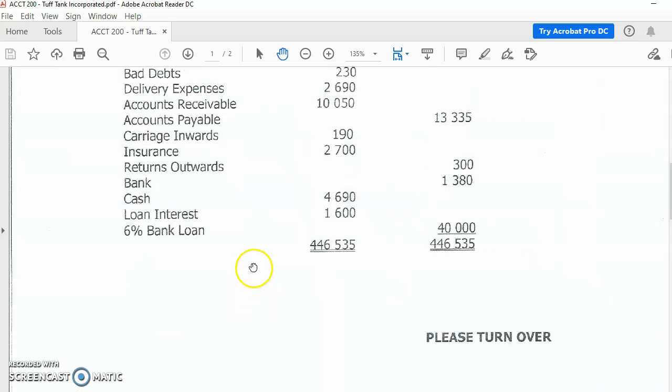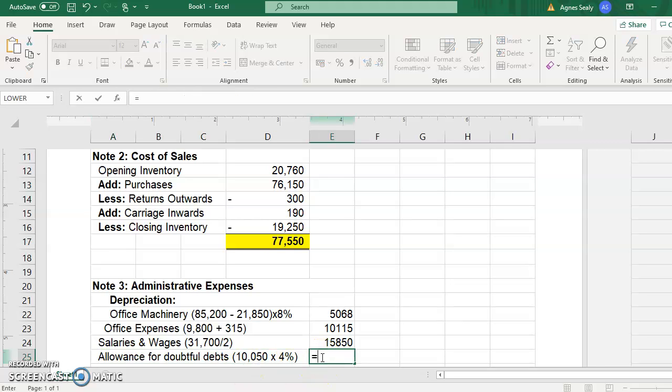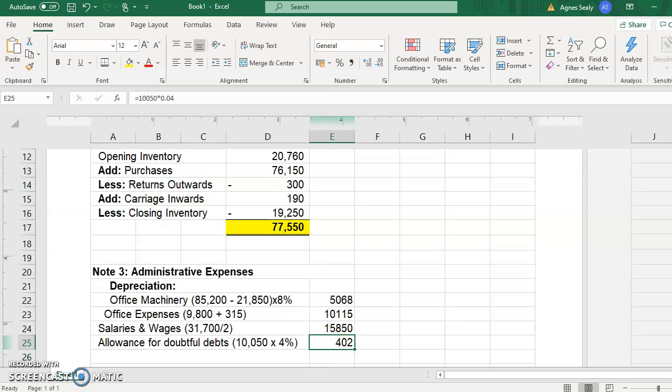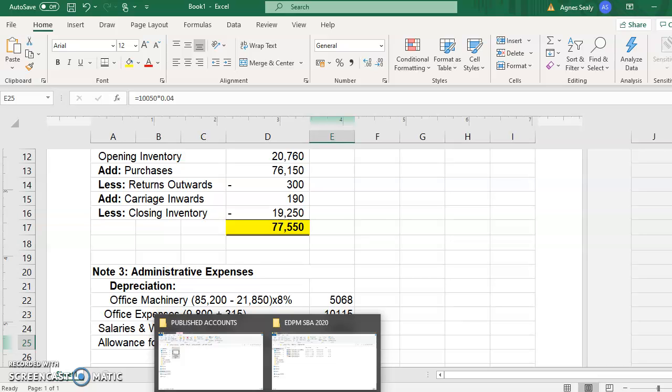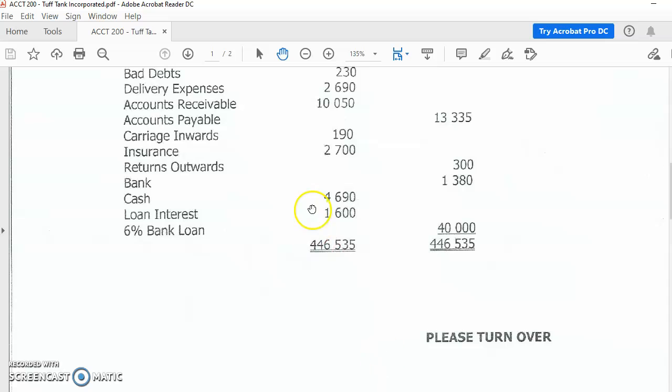So our receivables were $10,050. So that is $10,050 multiplied by 4%. Let's see what that is first. That is $402.